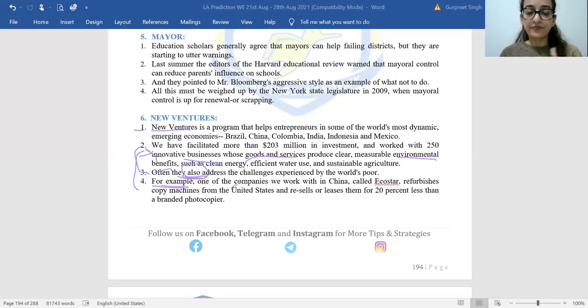In the two sentences we were talking about businesses and goods and services in general, and after that "also address" means those companies or this New Ventures program, they help entrepreneurs. They also address the challenges, and this was one example about one of the companies that they work with, right? So what we learn is that definitions come at the first place, "also" plays a very important role when you're putting the order, and then comes the example.